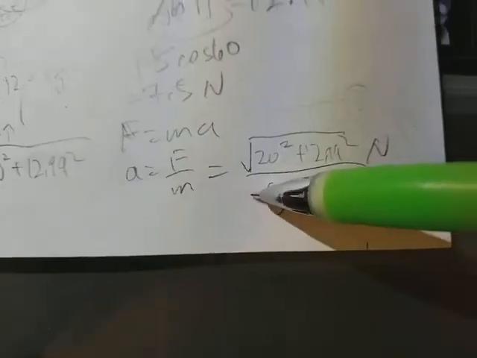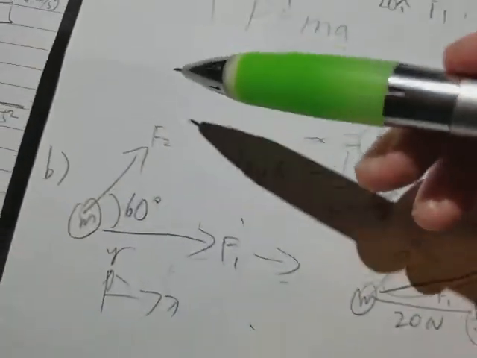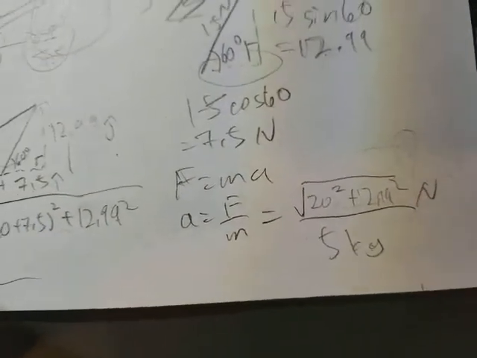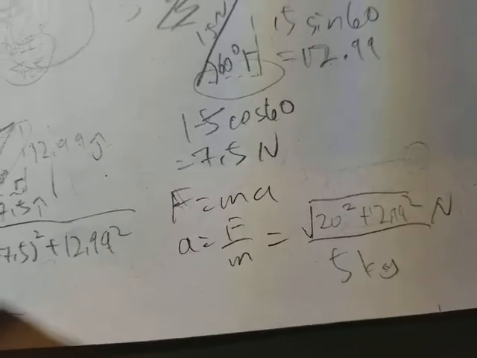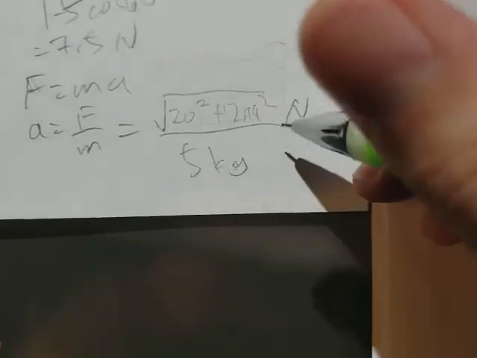F being this guy, M being the given, which is up here, 5 kilograms. That's the mass of the object. So solving for this, you get about 6.08 meters per second squared, which should be the answer on the back of your book.